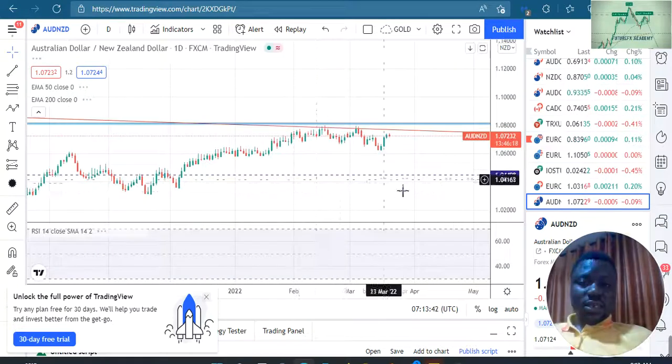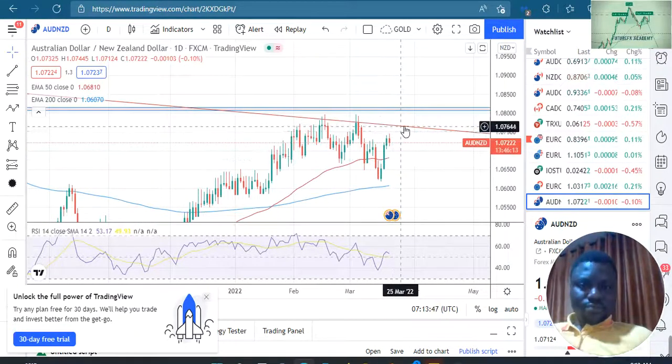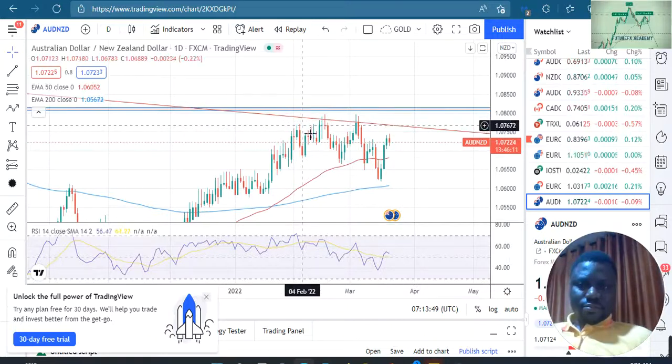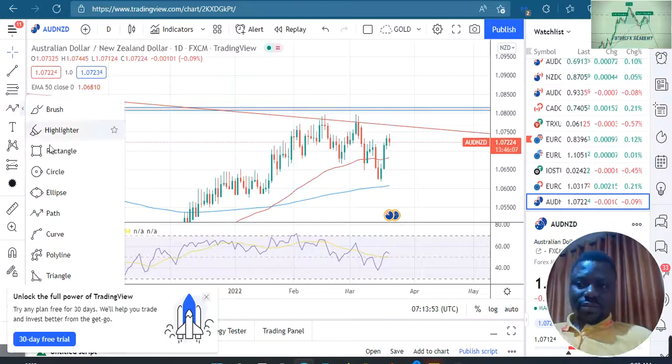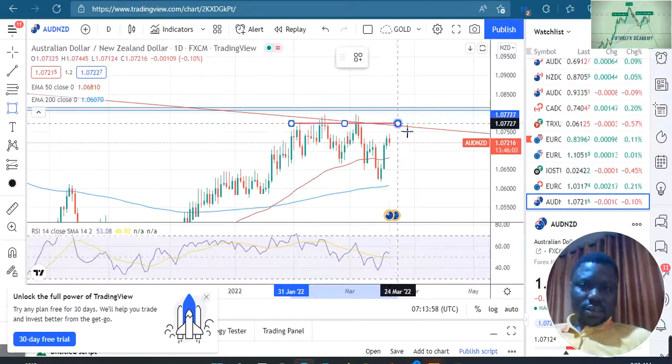Can I see something clearer on a daily time frame? Yeah, possibly on this particular resistance area.